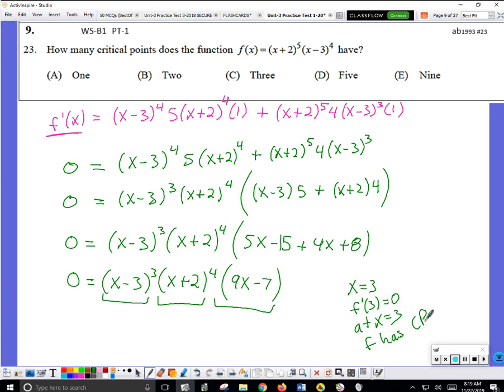Questions? Does this method work for all of the problems where you end up with a really ugly equation when you're trying to do the sign pattern chart?